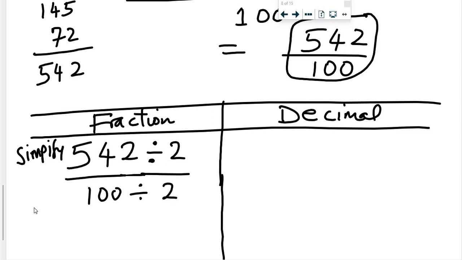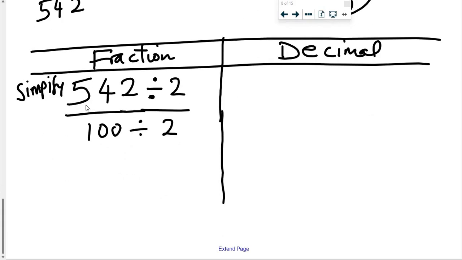That is what it means by simplifying. Now, 542 divided by 2, that will be 271. You can do it in any method you do, but 542 divided by 2, the answer will be 271. You can check it here quickly. This is 2, that is 14 carry 1, that is 4, 5. And 100 divided by 2, that is 50.